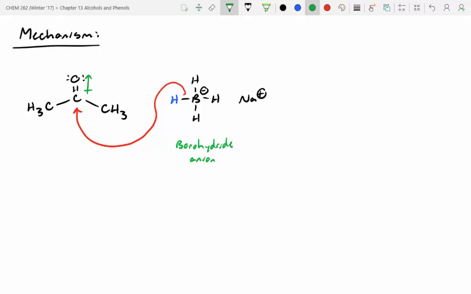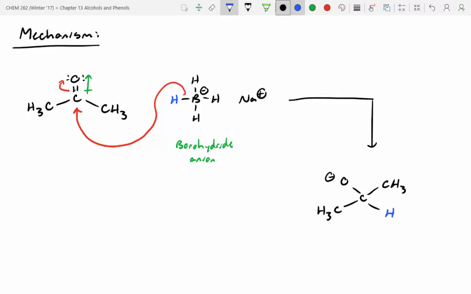When that hydrogen attacks that carbon, it's also going to kick up electrons onto this oxygen.